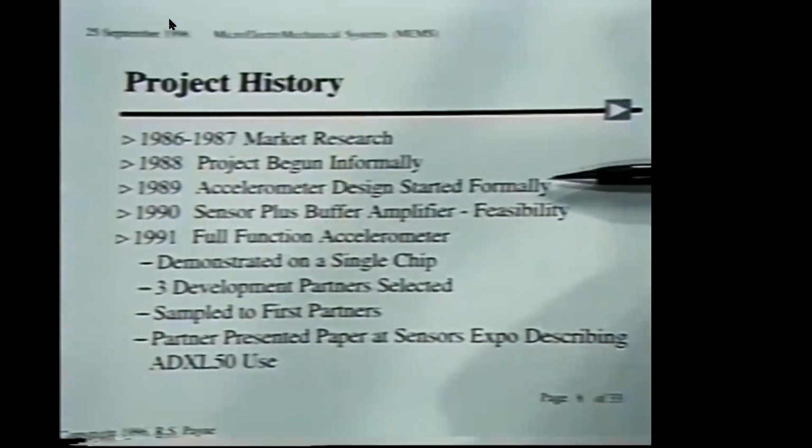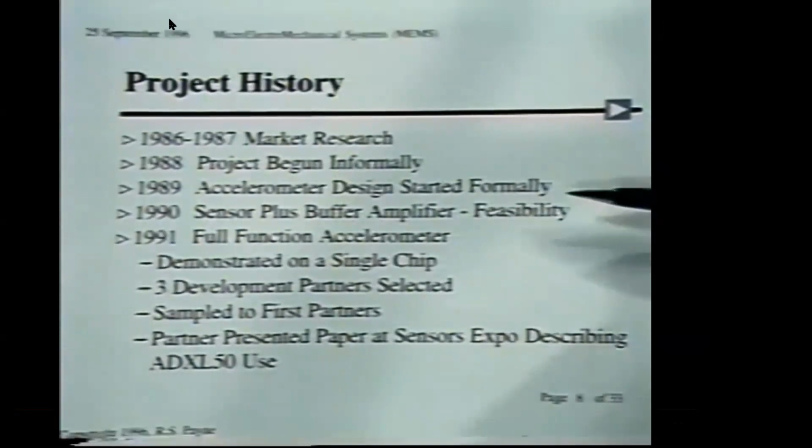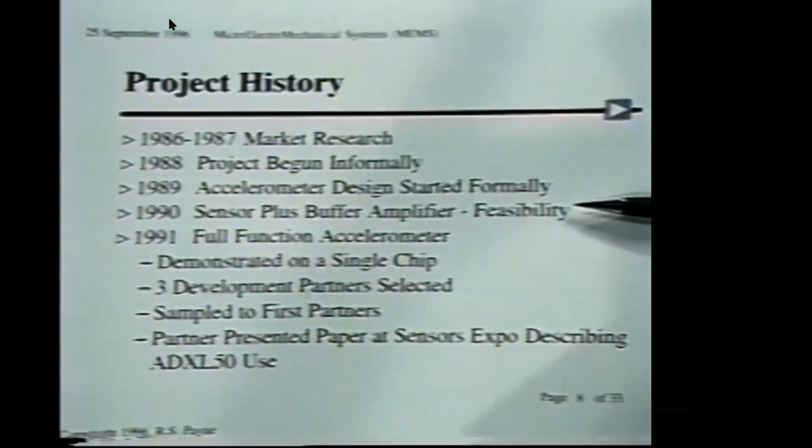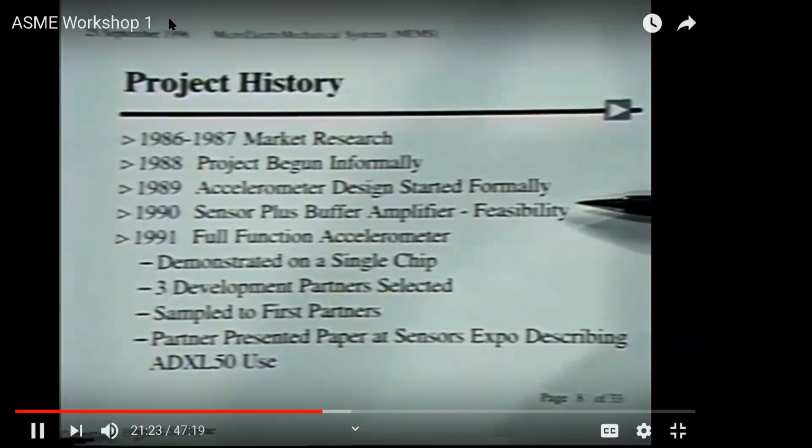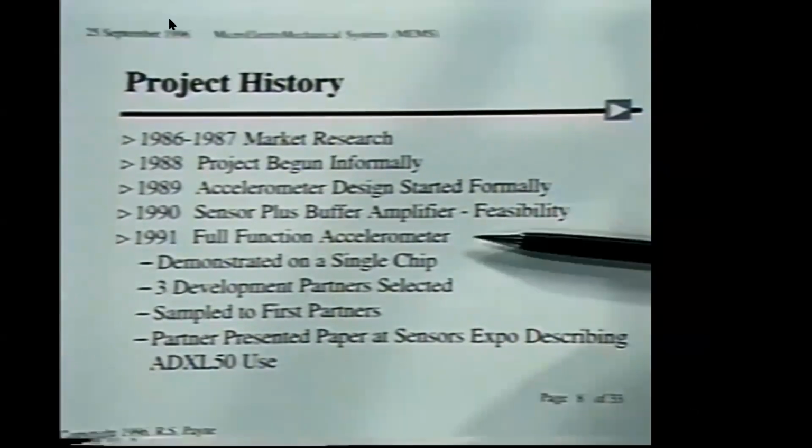By 1990, in about a year, we had proven to ourselves that this whole project was feasible, but it took quite some time to develop a complete product and to convince several customers that it was worthwhile jumping to what was then a totally revolutionary technology.